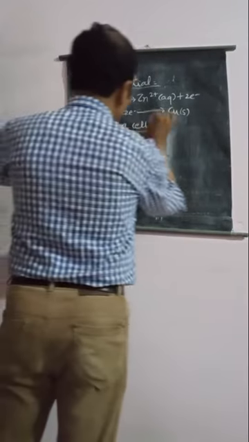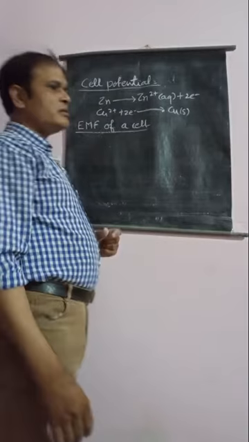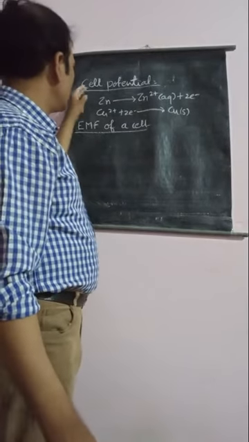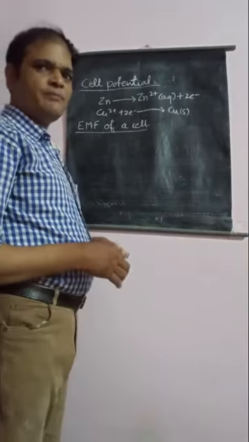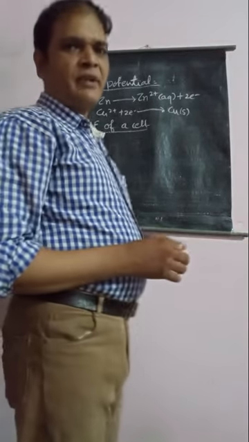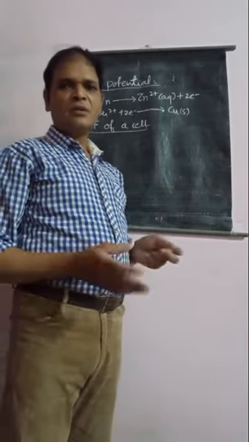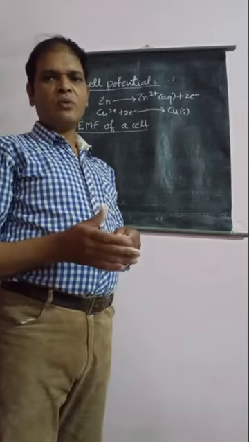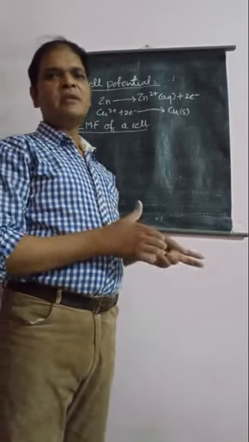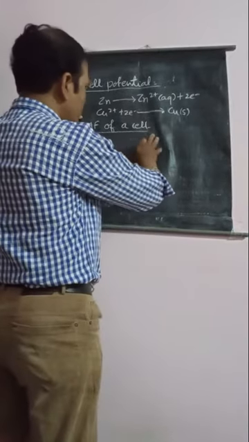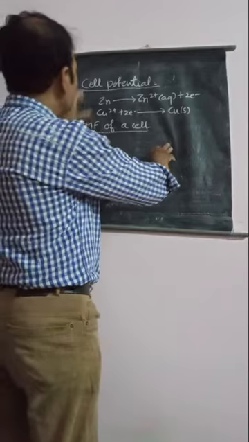In the case of EMF of a cell, generally the EMF is slightly different from the cell potential. It is the potential difference between the 2 electrodes, the anode and cathode, when no current is drawn from the cell. The EMF of the cell will be slightly greater than the cell potential.